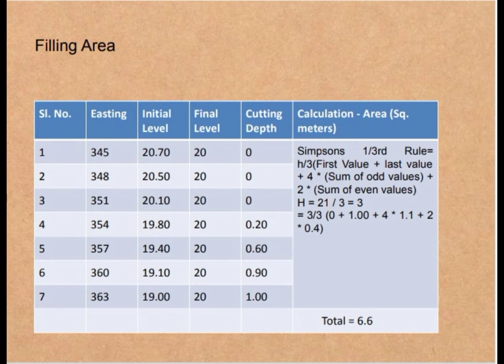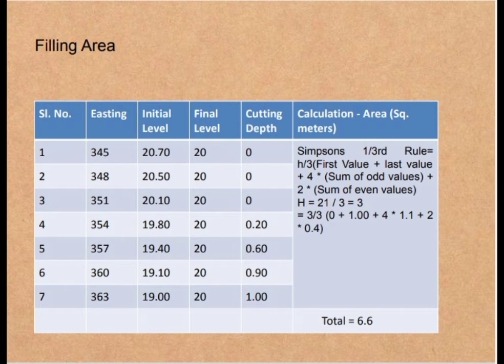After the cutting area, we have the filling area. We also have the easting, initial level, final level, cutting depth, and the calculation of area in square meters by using Simpson's 1/3 rule. So h over 3, first value plus the last value plus 4 times sum of odd values plus 2 times sum of even values.